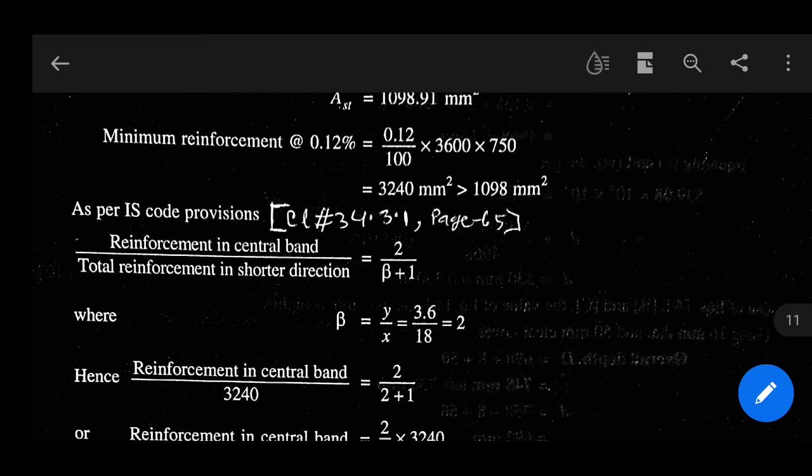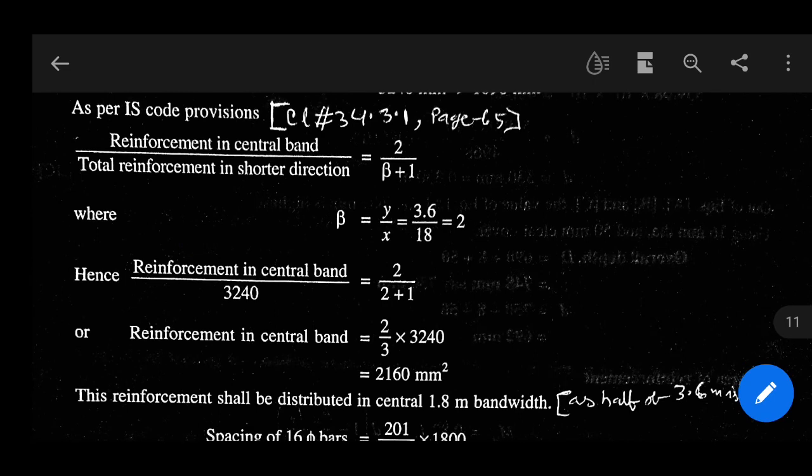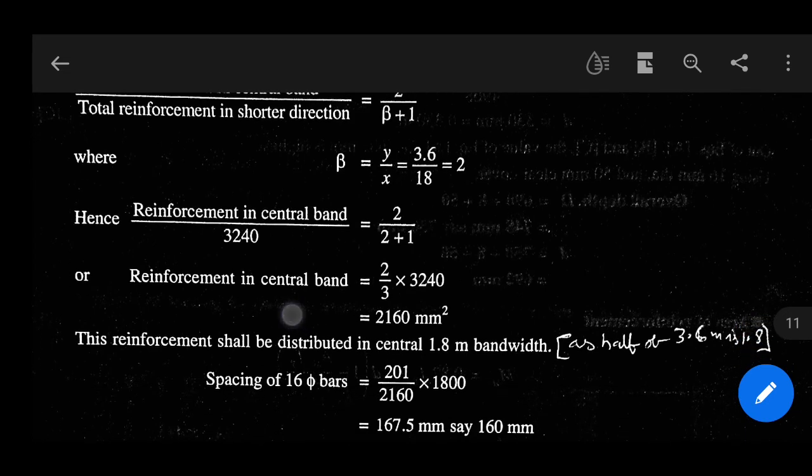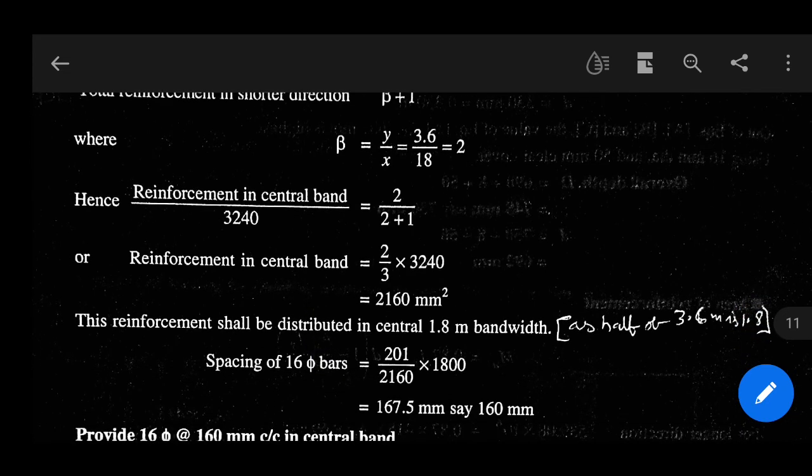Hence reinforcement in central band by 3240 is equal to 2 by 2 plus 1, or reinforcement in central band is equal to 2 by 3 into 3240, which is equal to 2260 mm square. So this reinforcement shall be distributed in central 1.8 meter bandwidth, as half of 3.6 meter is 1.8.